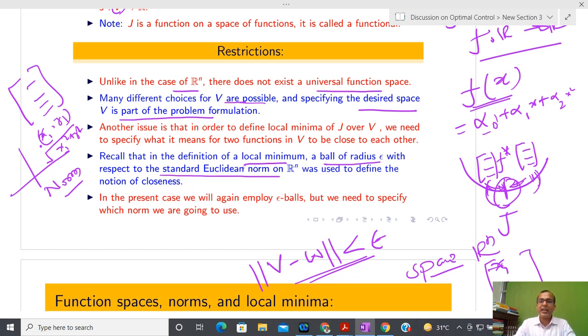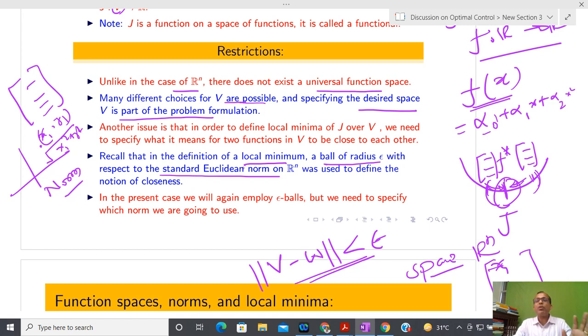After that we also have to talk about convergence, because whenever we are talking about maxima and minima, that point is not known to me. Somehow we have to make sure there exists some kind of convergent point in that space.